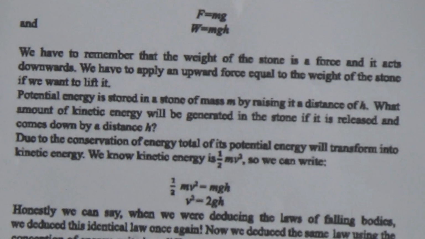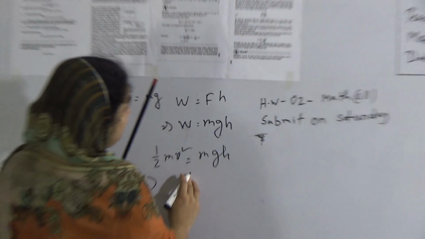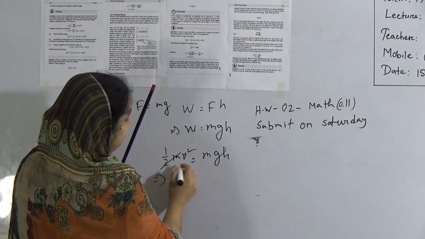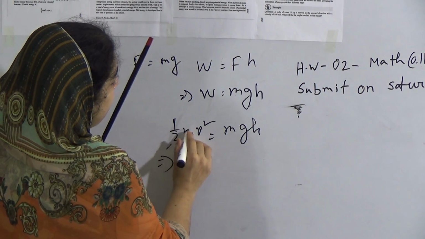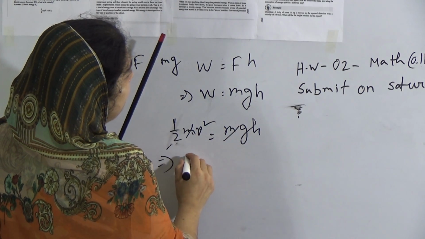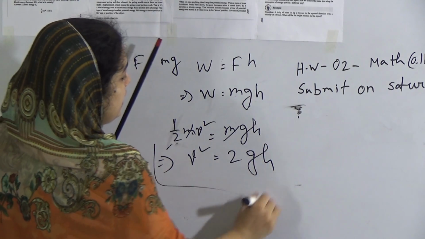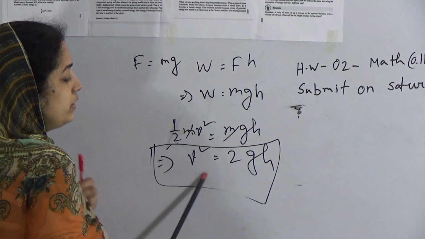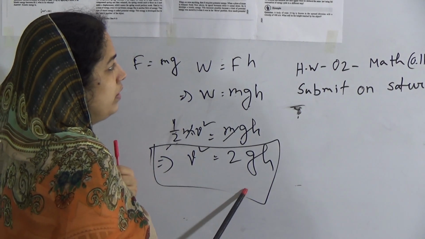So half mv square equals mgh. The m and m will cancel, so v square equals 2gh. This is another formula. Okay, v square equals 2gh, and my dear students, you have to memorize this formula.